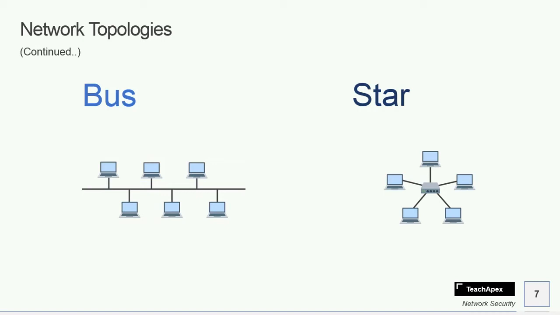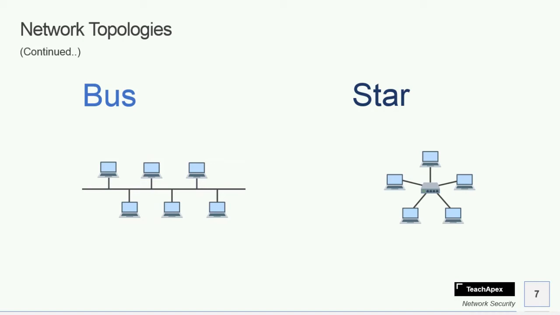Next, we are discussing star topology. You can see the structure of the star. In this star topology, every node in the network is connected to one central node. The central node or hub also acts as a repeater.